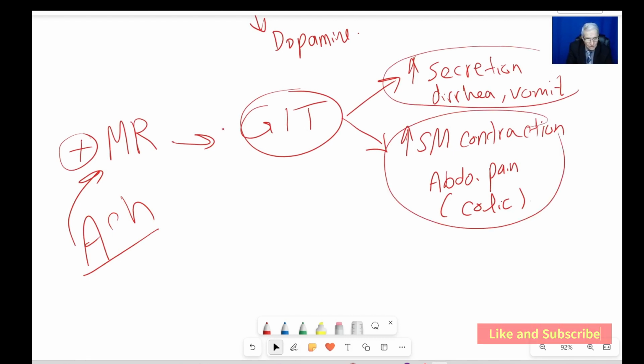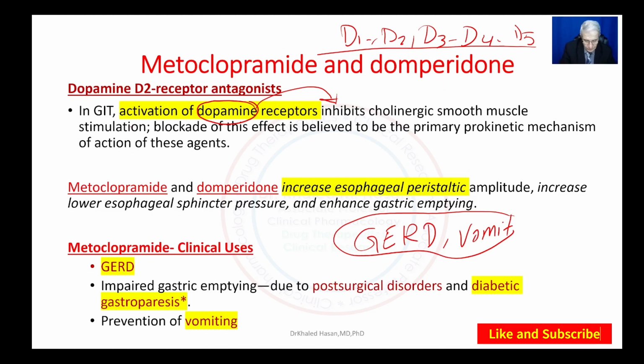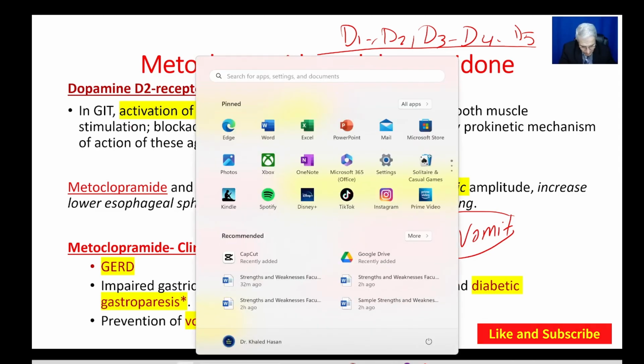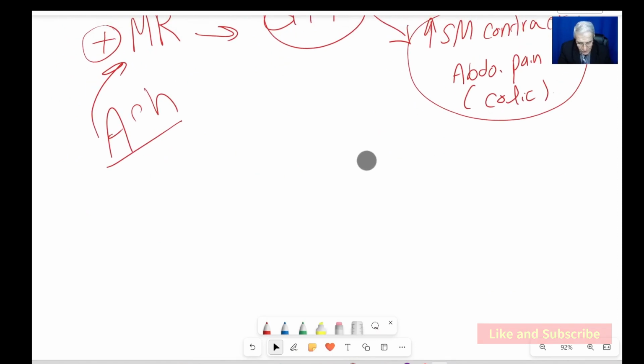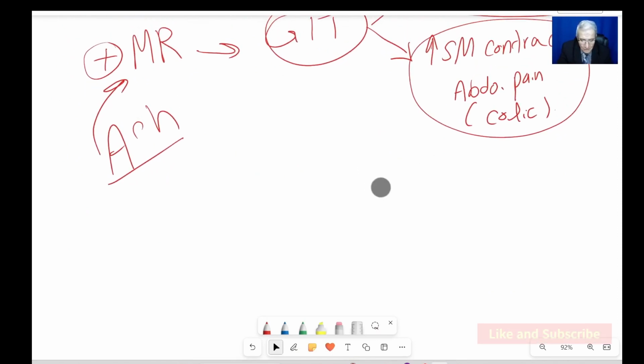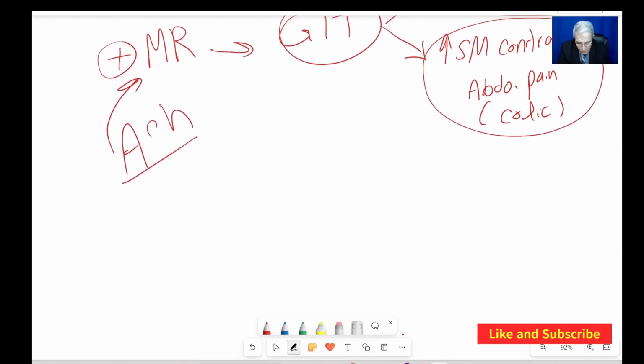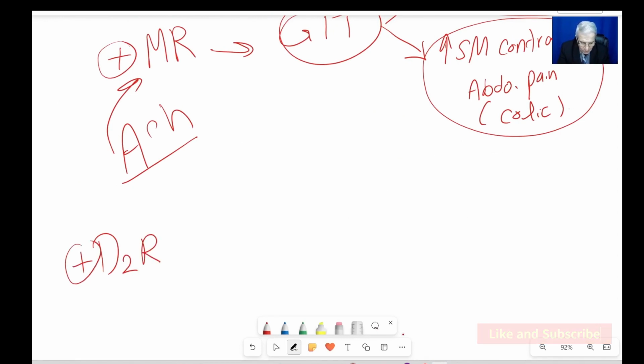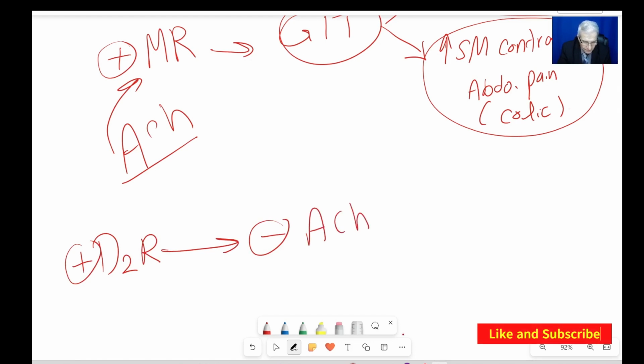So two things. I will go back to the slide again. Our medication here tries to explain what happens. Again, I have to go there for 1 minute. What they said in the slide is that when you activate the dopamine receptor, this will inhibit acetylcholine.